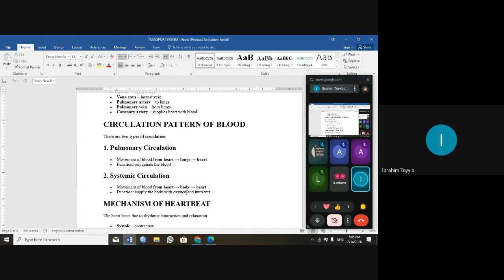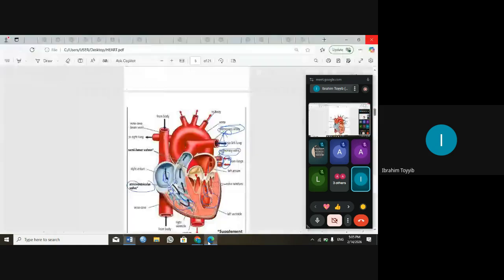So we notice that in this systemic circulation, the oxygenated blood is pumped out of the left ventricle and into the aorta. So as we've seen in the circulation of blood here, the blood will come out from the aorta.